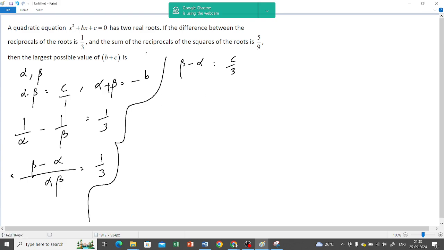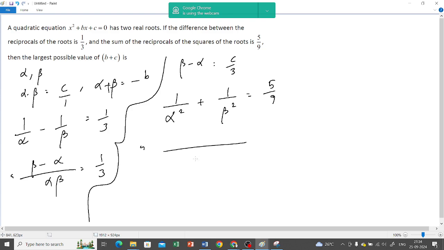Now it is given the sum of the reciprocals of the squares of the roots, that means 1 by alpha square plus 1 by beta square is equal to how much? 5 by 9, right?